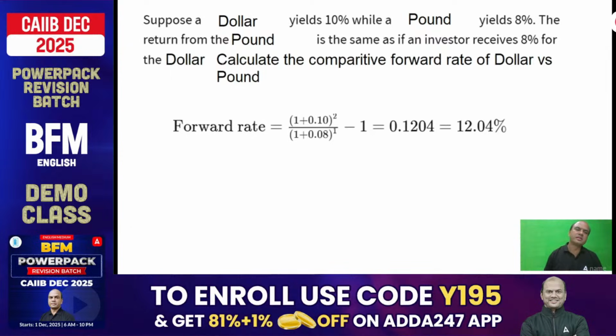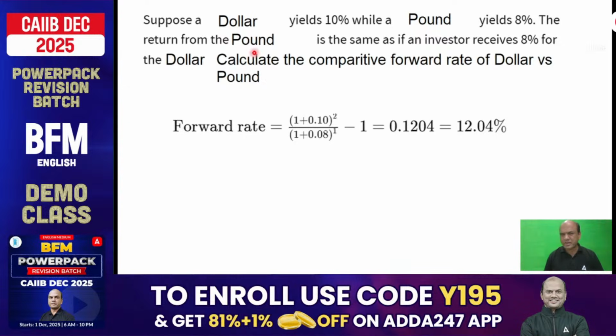Second one is also difficult. If you don't understand, it's difficult. If you know the formula, it's very easy. Suppose the dollar yields 10% while the pound yields 8% in a year. If the return from the pound is the same as if the investor is investing in the dollar, calculate the comparative forward rate of dollar versus pound.